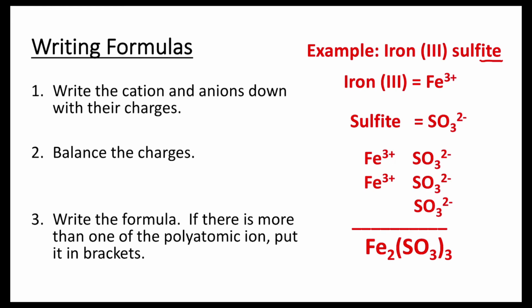If there is more than one of the polyatomic ion, put it in brackets. So it's important that you separate these two 3s, as this outer 3 means that it applies to the number of atoms of oxygen as well as sulfur. So that's why it must be separated by brackets. So be careful with that.